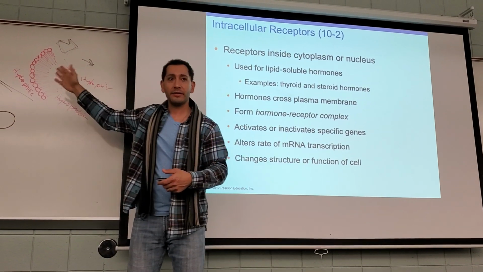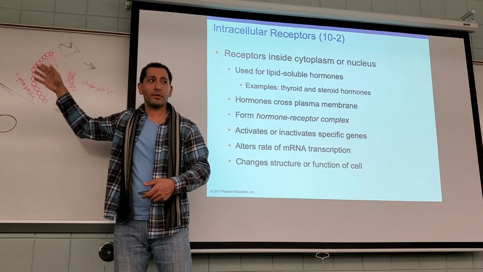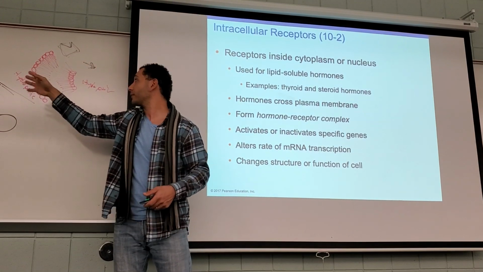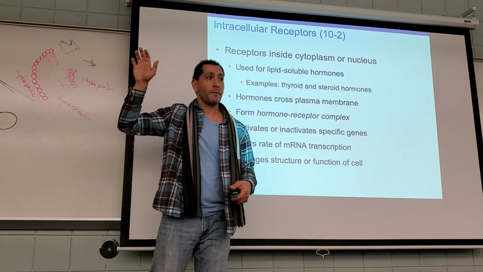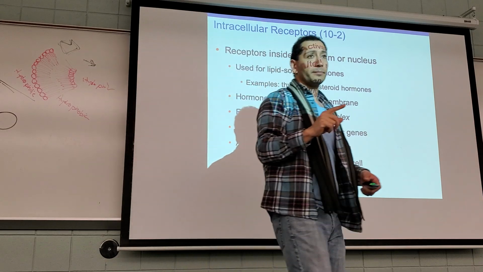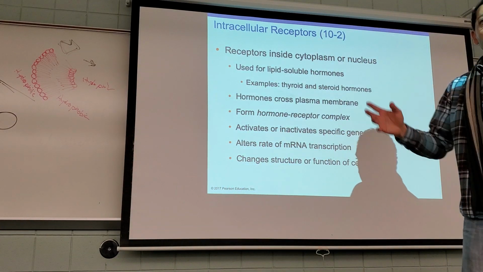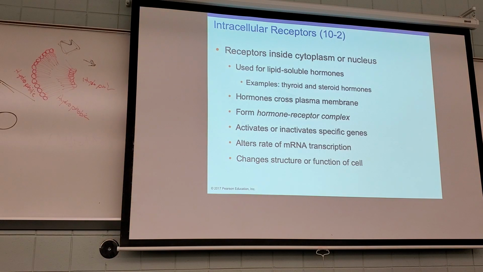They may bind to receptors on the outside if they exist, but if there aren't any, no problem, they can get right through. So they have to be short-lived, because otherwise they'd be getting into any cell. Okay, you guys with me? Because this phospholipid bilayer is mainly lipid, they're able to just pass right through, like gases too, like nitric oxide.